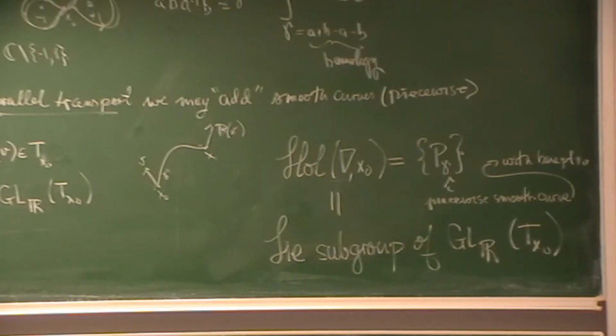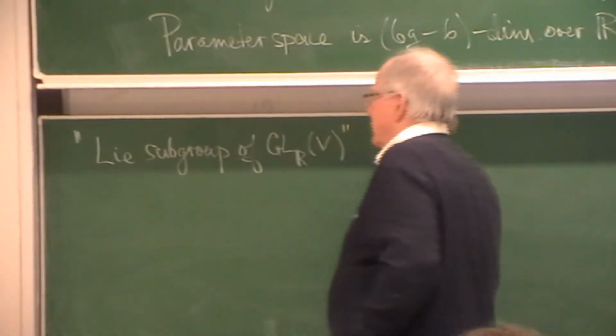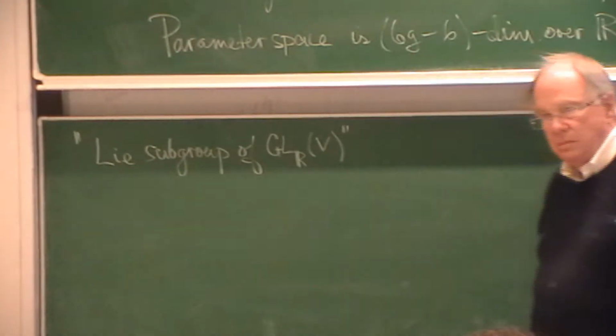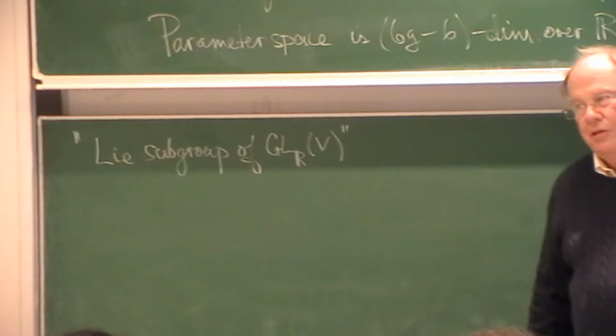There is a map. So what does it mean? First of all, I want to say what it means, Lie subgroup of some vector space. I don't care what vector space. What does that mean? The first thing it doesn't mean is that it's a closed subgroup.